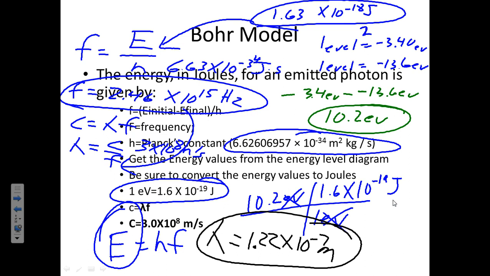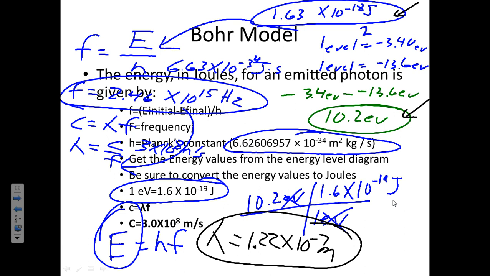So we calculated 3 things there. We calculated the energy that was released. First we did that in electron volts, then we converted it over to joules. Then we used the equation E equals hf. The energy of a photon is equal to Planck's constant times frequency. We solved that for f.